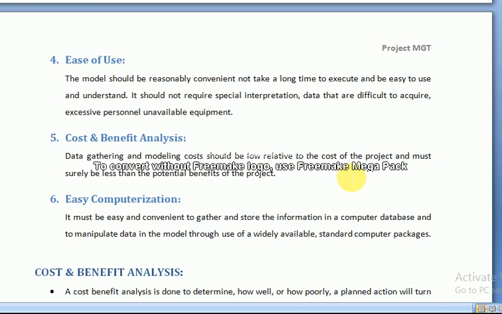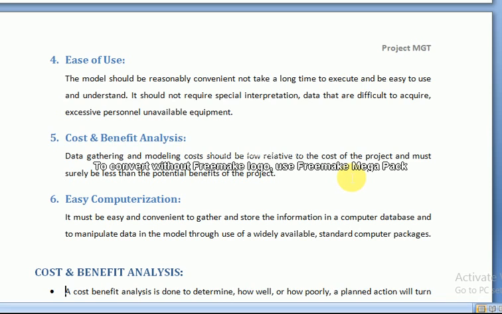The fifth one is CBA analysis, cost and benefits analysis. When we are doing projects, we must make the CBA analysis of it. We will make the analysis on the basis of cost and on the basis of the benefits relating to that project.